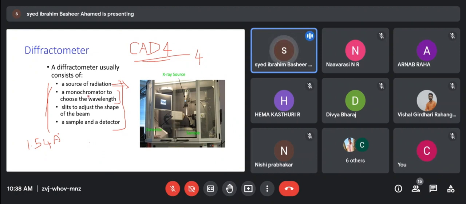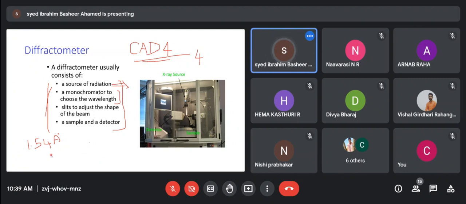What does the monochromator do? With the monochromator, we select the wavelength, only 1.54 angstrom units. All the other radiation, whatever does not have this wavelength, will be filtered, so you will have only the X-radiation with this wavelength.